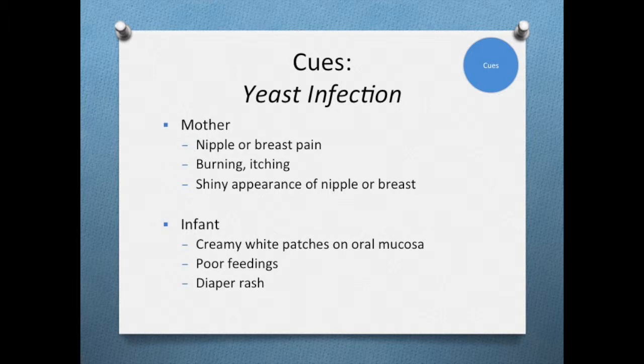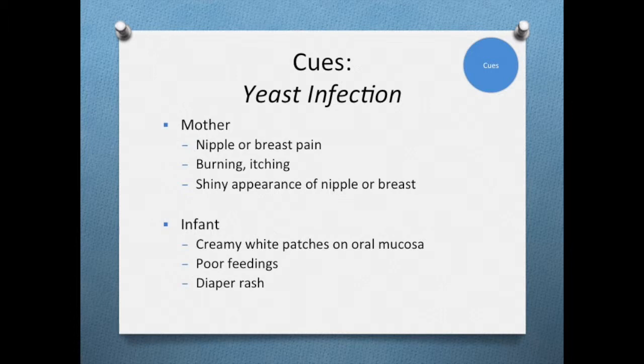Next, in our clinical decision-making framework, we move on to cues. Cues include observations or laboratory and assessment data. With a yeast infection, signs and symptoms in the mother may include nipple or breast pain, burning or itchiness, or a shiny appearance of the nipple or breast. Nipples may also have white dots and appear swollen.